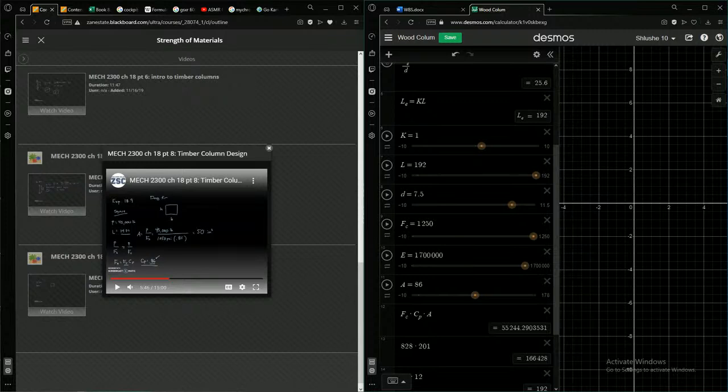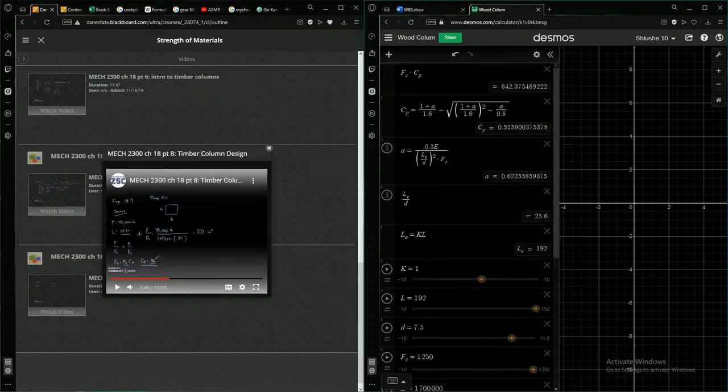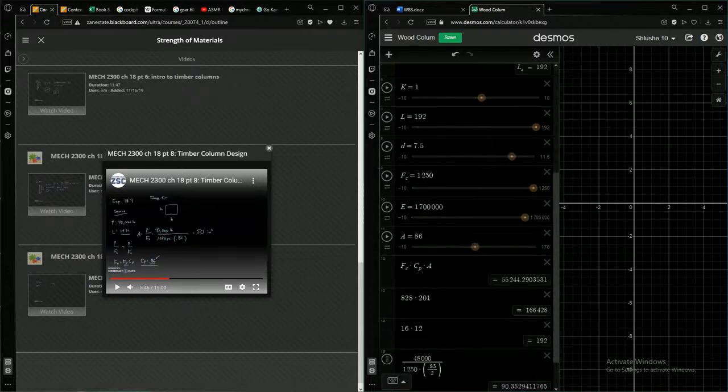I'm brain farting here. Sorry, I'm hearing my own voice over my phone, and it's really messing with me. Yeah, when I turn this in over here, it's going to request me to put in all the parts of all the problems. So like, what's the alpha value for this problem, and then what's the f sub c, what's the c sub p, and what's the required area, and what's the f sub c of this wood, and what's the length.